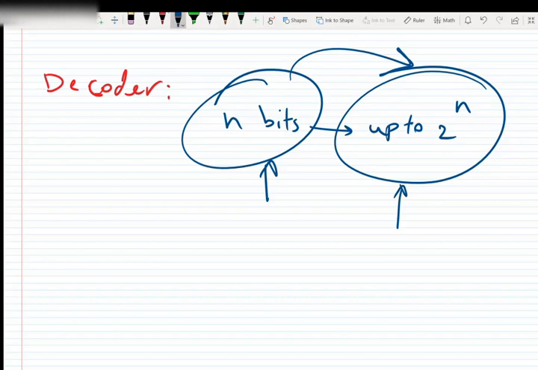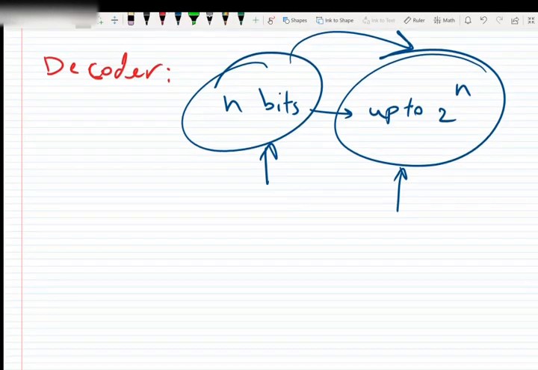So let me just write the definition of a decoder again.